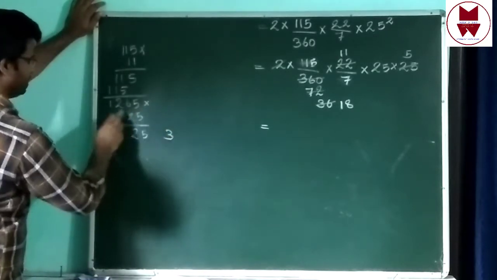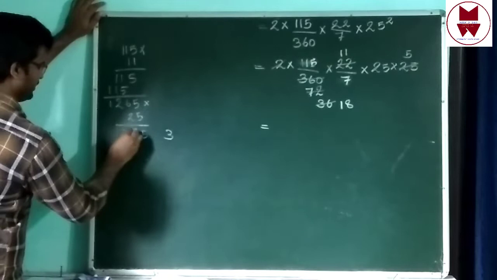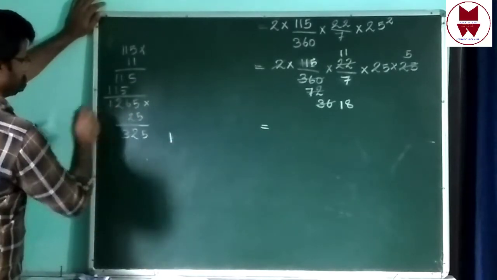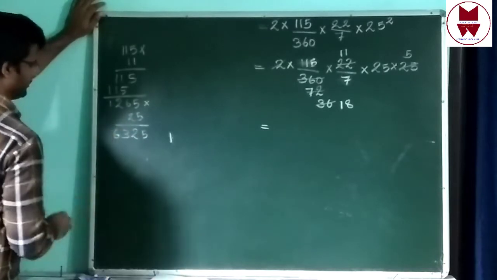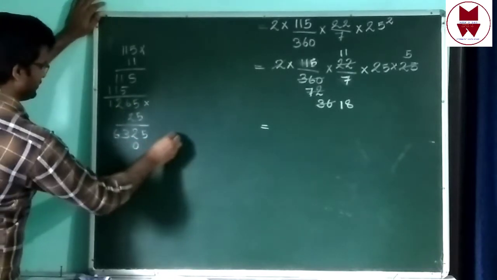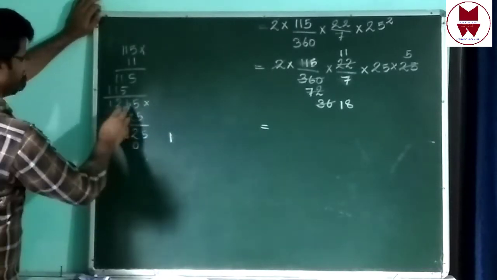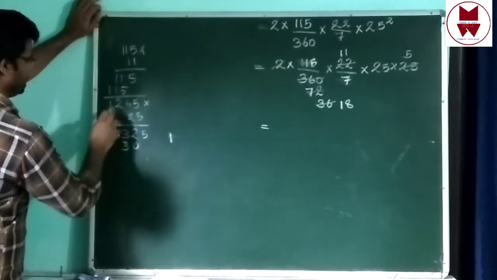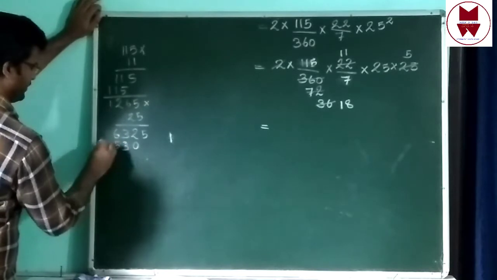Remainder 3. 5 into 2, 10 plus 3, 13. Remainder 1. 5 into 1, 5 plus 1, 6. 2 into 2, 4 plus 1, 5.